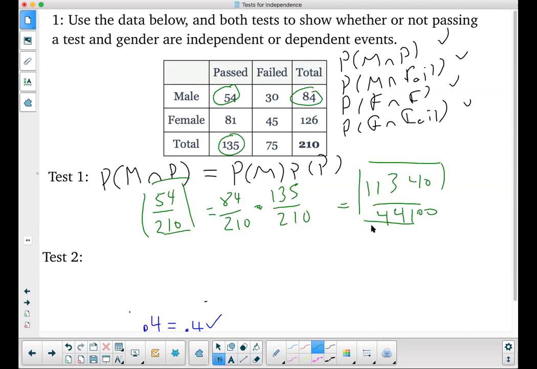54 divided by 210 is equal to about 0.257. And we want to know, does that equal 11,340 divided by 44,100 using a calculator?